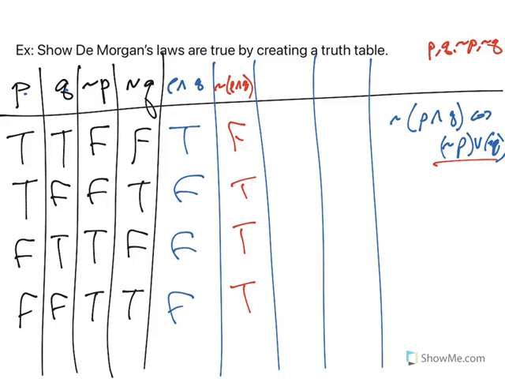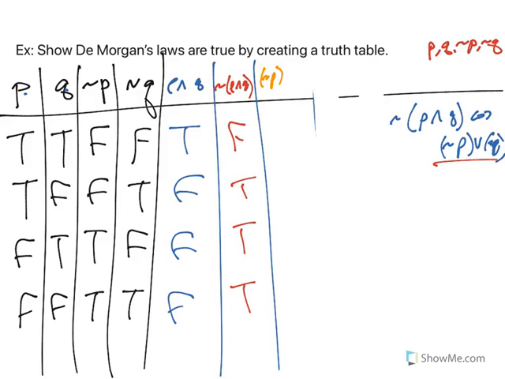So let's go ahead and do the right side. Let's change the color and do not P, and not Q. Or means only one of them has to be true. So looking at not P, not Q, those are both false here.